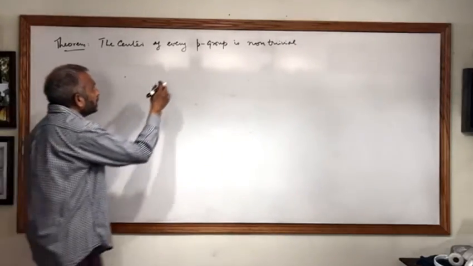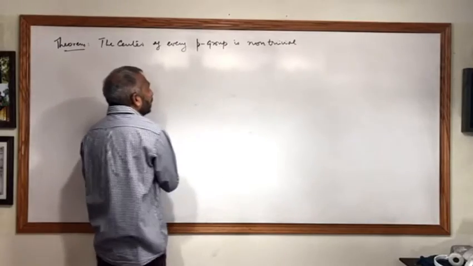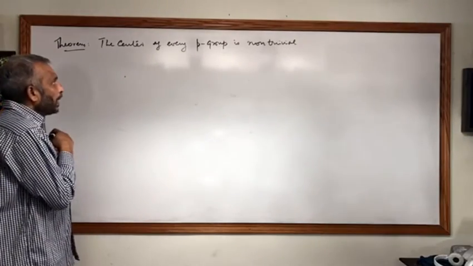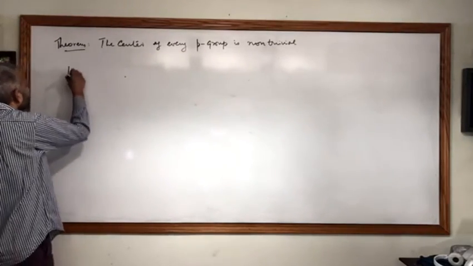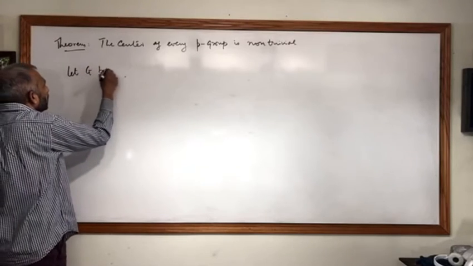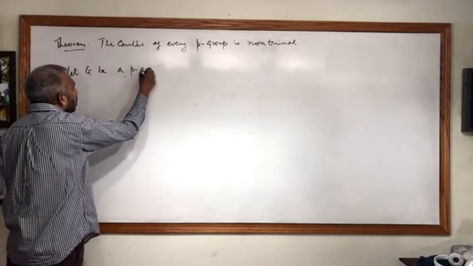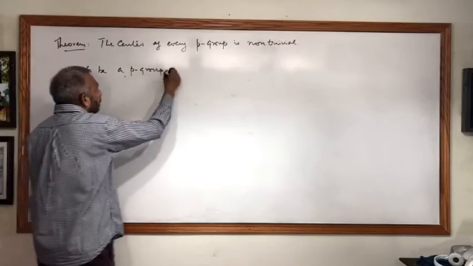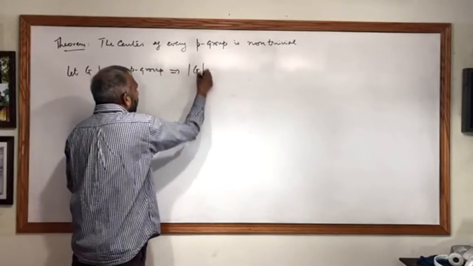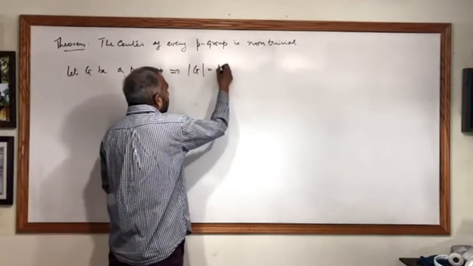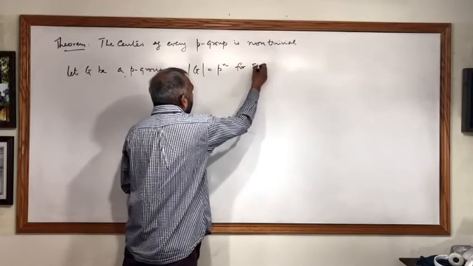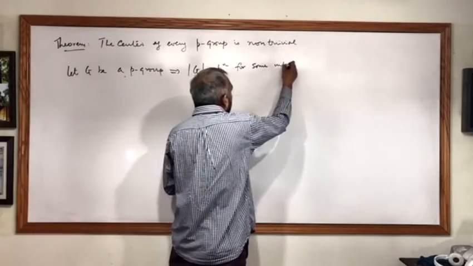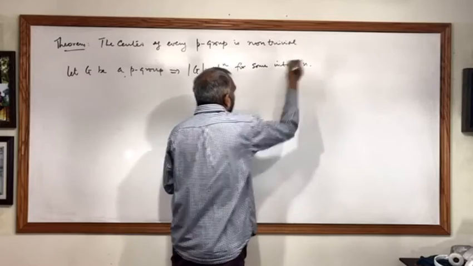Okay, p-group means its order is p to the power of n for some n. So let G be a p-group. This implies the order of G is equal to p to the power of n for some integer n.